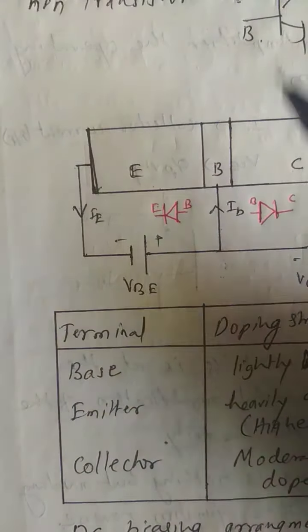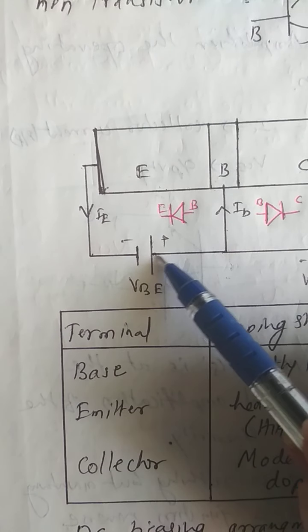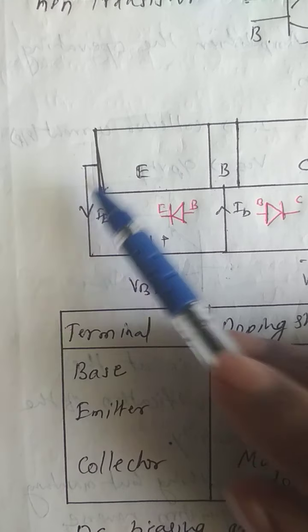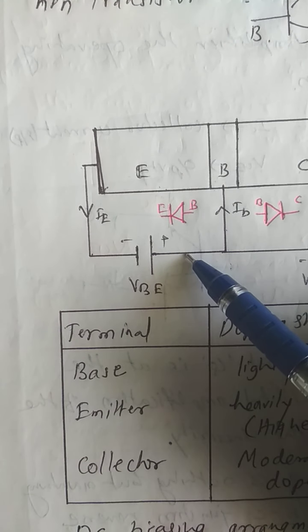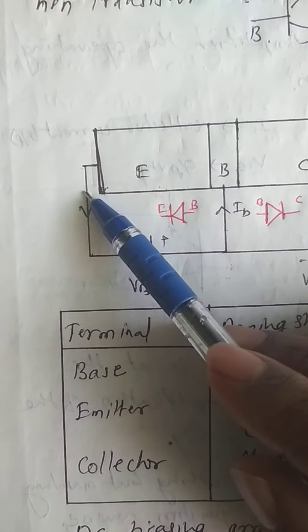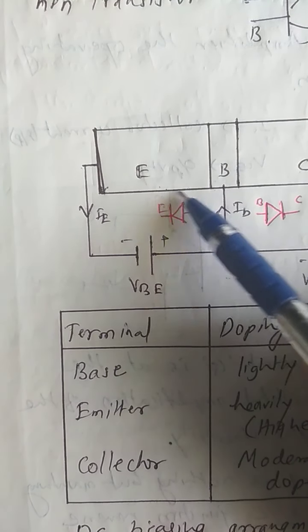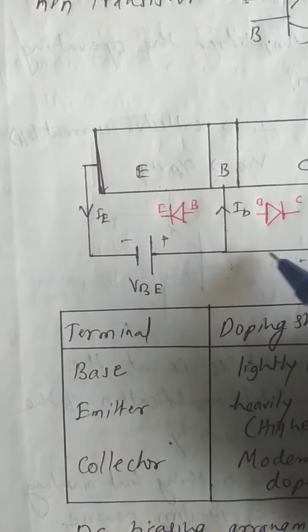You can observe that we are applying positive potential at the base with respect to the emitter. In other words, the DC potential applied at the base is more compared to the emitter, and therefore this junction will go forward biased.